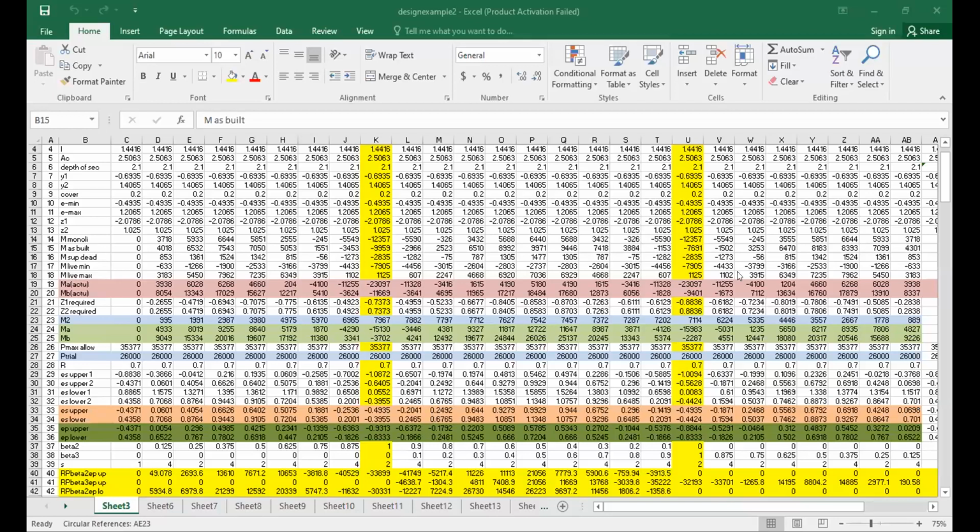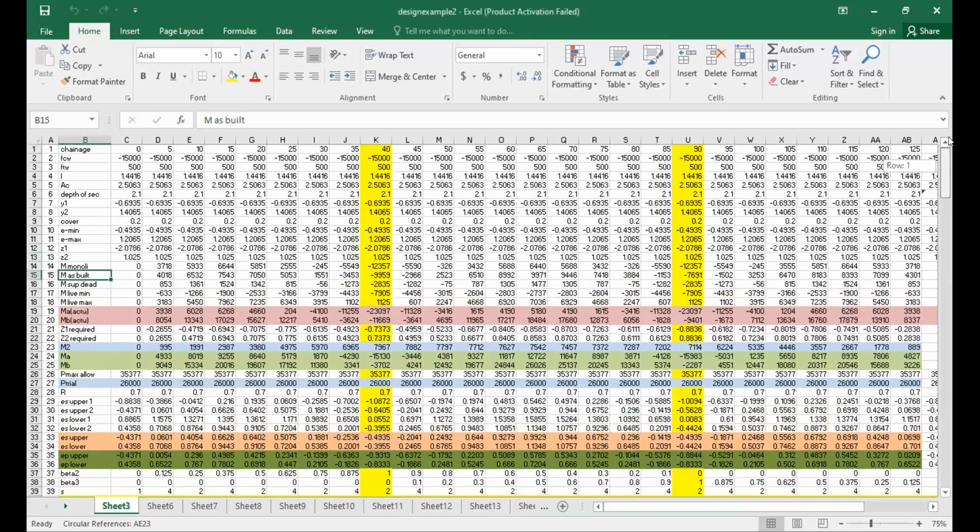If you look at this spreadsheet, we have done the calculations, and you can also see these are the bending moments. Based on that, we can calculate Z1 and Z2.